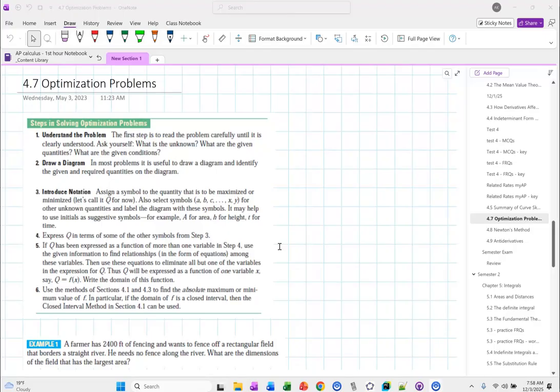The next step, after you understand what's going on, is to draw a diagram. For the most part, these problems are going to have a geometric component, so having a picture to visualize is often really helpful. They don't have to have a geometric component. There's plenty of optimization that's economics based.